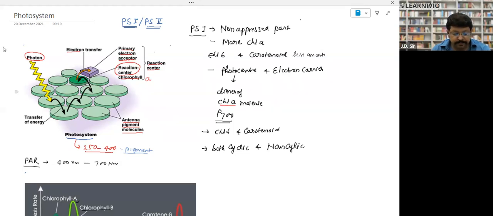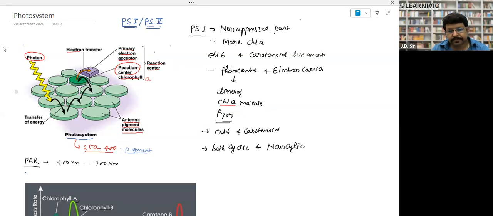The photocenter is made up of two chlorophyll A molecules called P700.